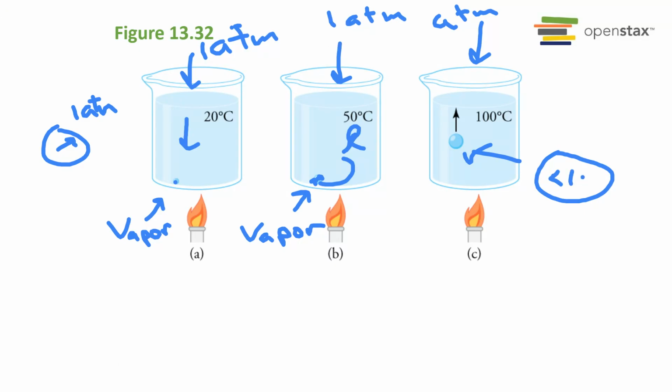Yeah, 1 atmosphere. And so the object that's less dense is going to float to the top. And that's it. So the bubble grows and rises to the surface. And that's it for the notes today.